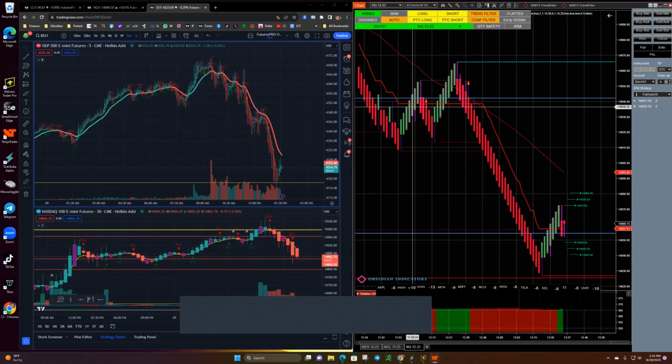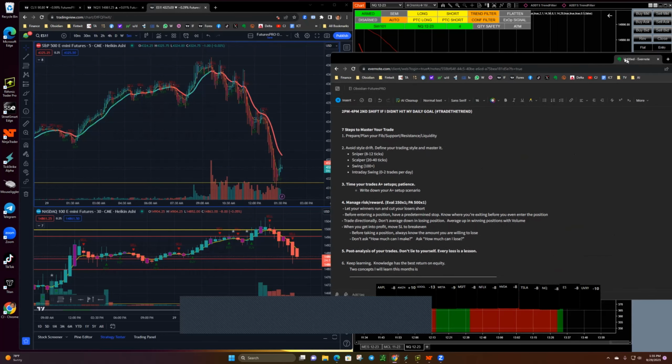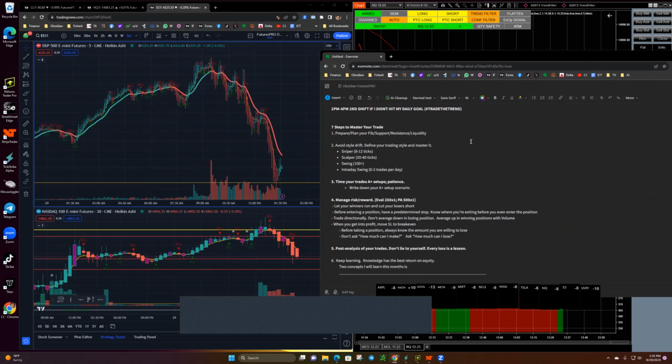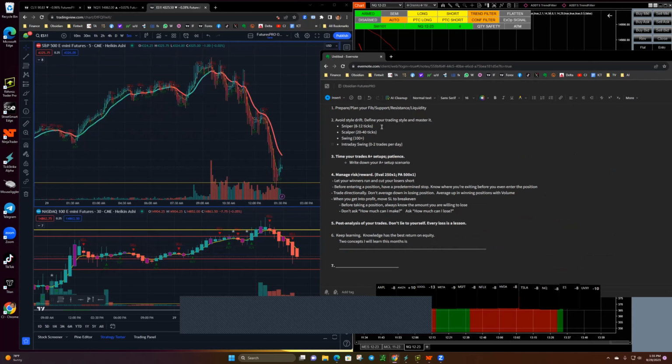Now let's talk about trading styles. Let me move this over here briefly. In terms of trading styles, first and foremost, you want to stick to one trading style. One of the seven rules of mastering your trade is actually to avoid style drift.